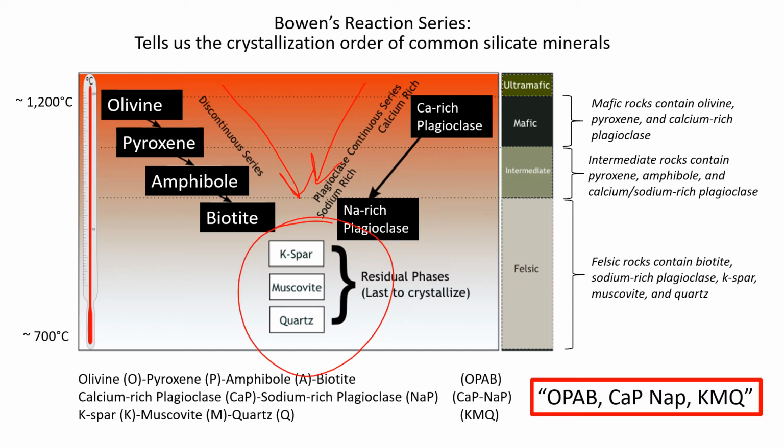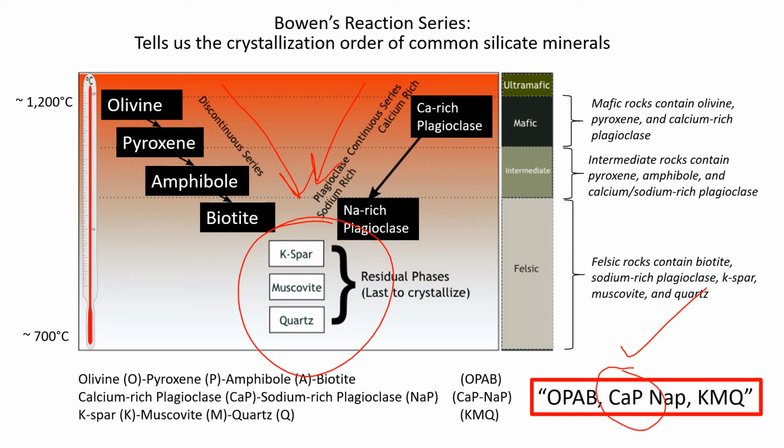An easy way to remember this, by the way, is to remember this phrase: OPAB, CAP, NAP, KMQ. Let me say that again. OPAB, CAP, NAP, KMQ. The O stands for olivine. The P stands for pyroxene. The A for amphibole and the B for biotite.